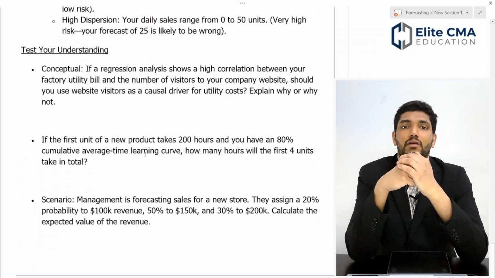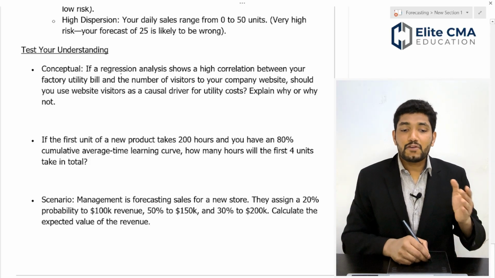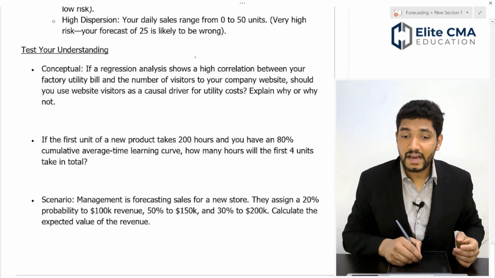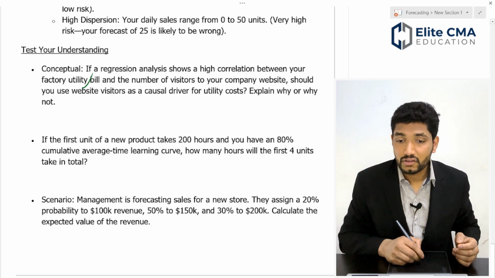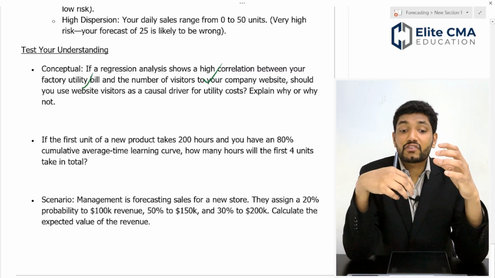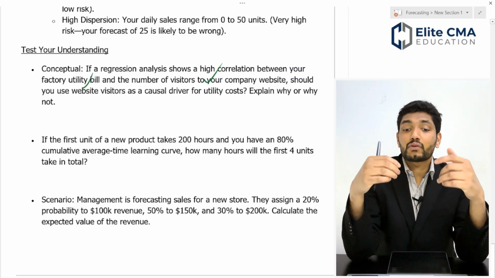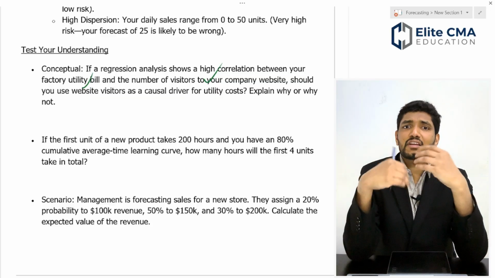Just a small practice to test your understanding. If a regression analysis shows a high correlation between your factory utility bill and the number of visitors to your company website, should you use your website visitors as a causal driver for utility cost? Explain why or why not. This answer is very simple.